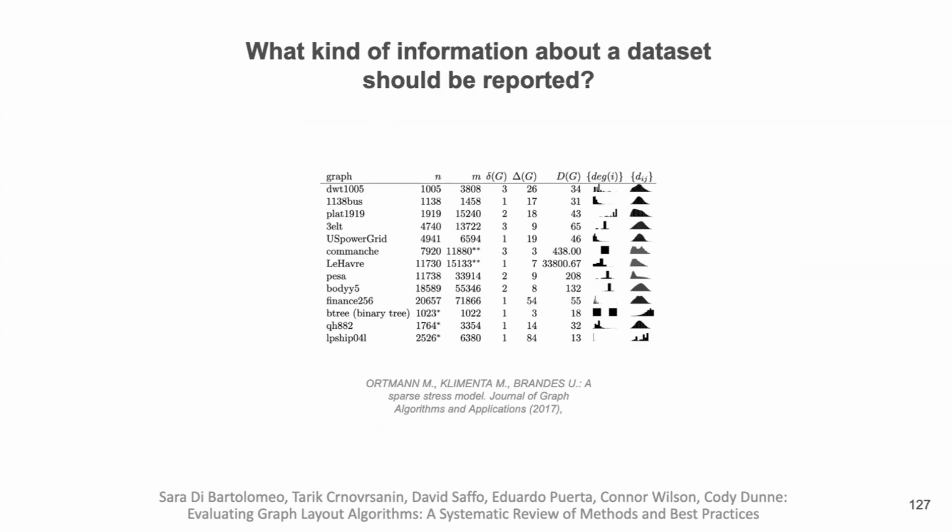What kind of information about the dataset should be reported in the body of the paper? Again, with this one, I want to focus on what is on the right, the last two columns. Very, very often we're reporting about a layout algorithm. What is going to affect the results is not necessarily the number of nodes.